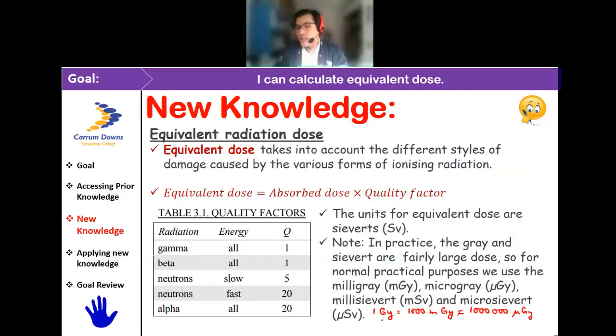So you can see here that we are dealing with a very, very small scale. And that's what we want. We don't want that much radiation to our body. Same thing with sievert. So 1 sievert would be 1,000 millisievert, and that is 1 million microsievert. All right.